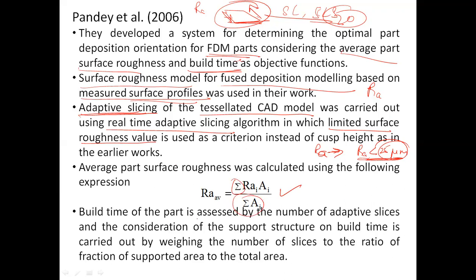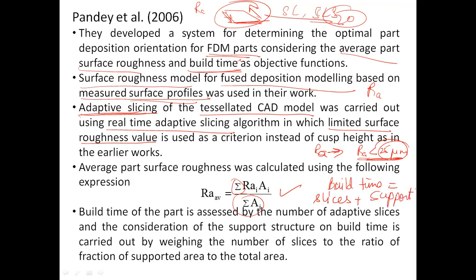Now, build time was assessed as the number of adaptive slices, and the consideration for support structure on build time was carried out by weighing the number of slices by the fraction of the supported area. So what he considered as build time was slices as well as support.